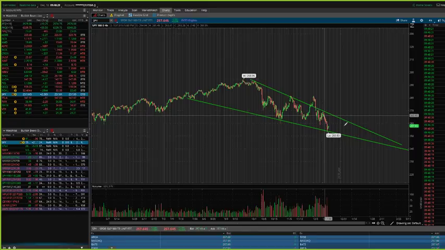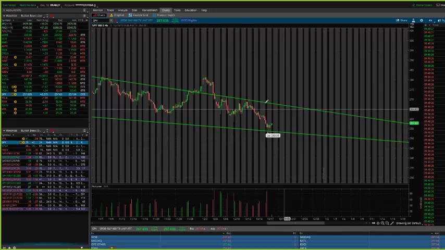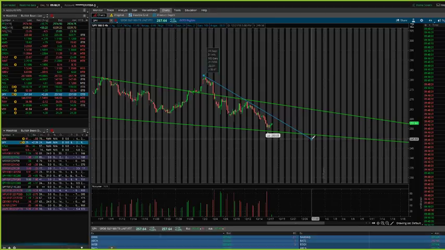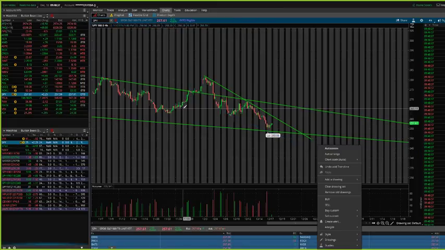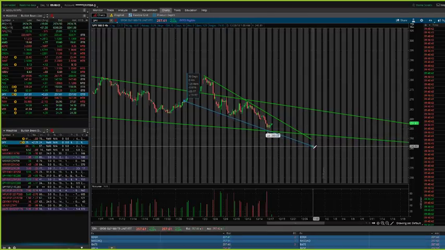falling wedge. Majority of price is traded inside this falling wedge. I actually think it's likely to again test this right angle, which is very similar to SPY. But you've really got, I'm trying to hit all these wicks.